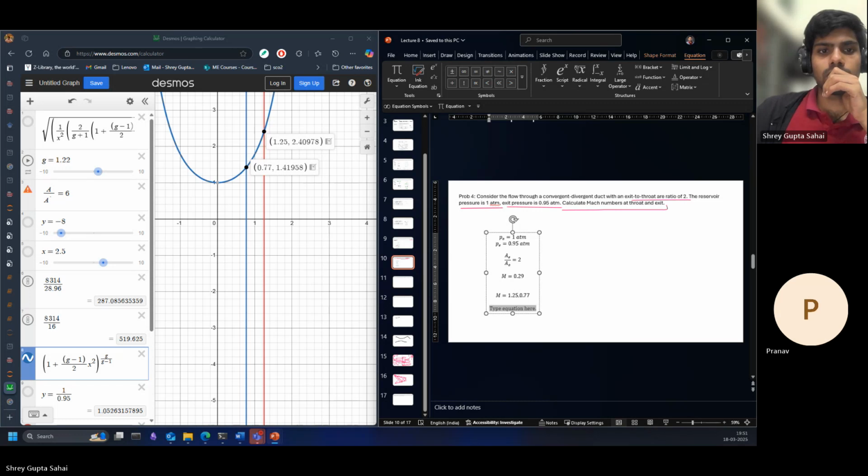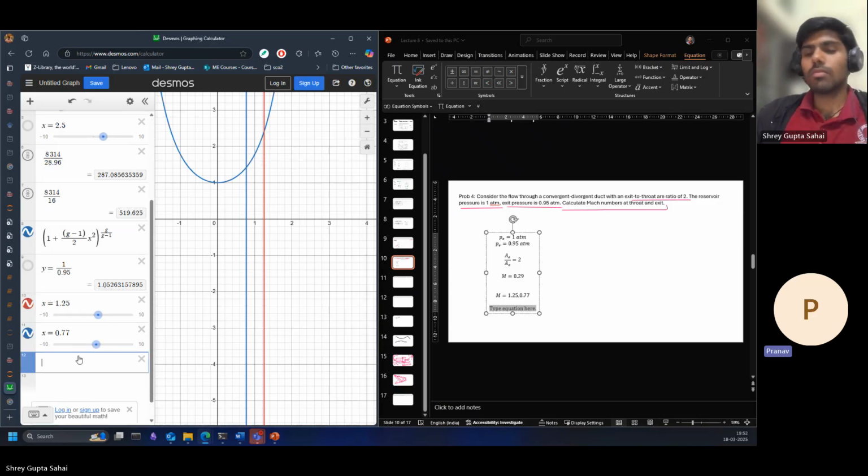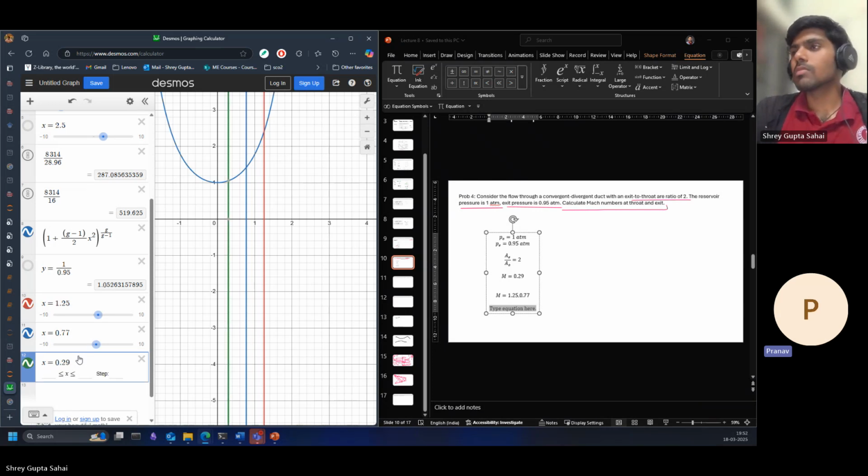Did you calculate the Mach number from the area ratio, from that equation? In that equation, do we consider Mach number 1 at any place?